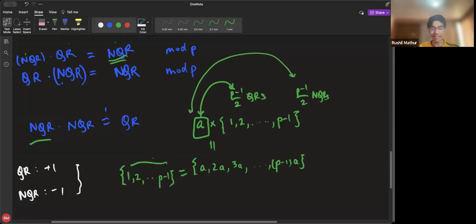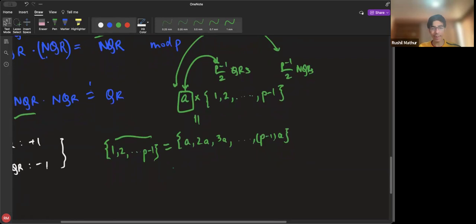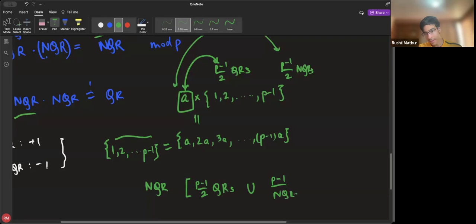I did not put that very well, but I hope that makes some sort of sense. Basically, if you're multiplying an NQR with the union of two sets, one is (p minus 1)/2 QRs and the other is (p minus 1)/2 NQRs, you know what's going to happen here.